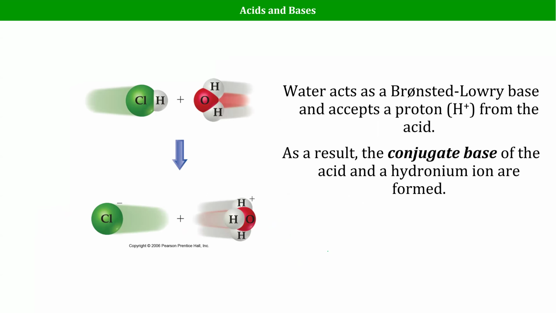Right, and so these are all review slides. So for instance, if you put HCl in water, the HCl reacts with the water, the hydrochloric acid acts as the Bronsted-Lowry acid and gives away the H+, and you make chloride and hydronium.